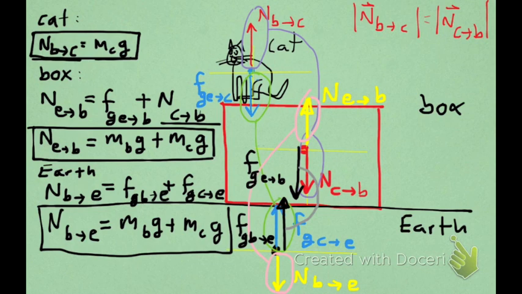So finally, we conclude here that the normal force between the box and the Earth that the box puts on the Earth, this is the force with which the bottom surface of the box is pushing on the floor, is equal to the weight of the box plus the weight of the cat. One more time, this makes complete sense.